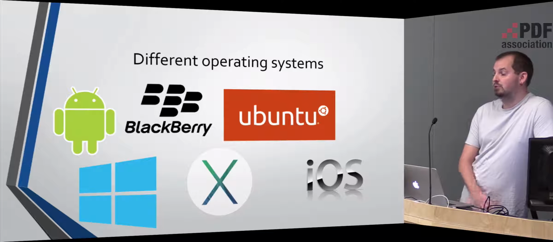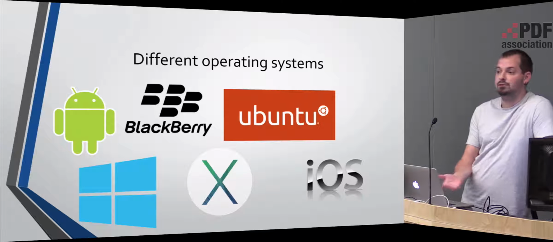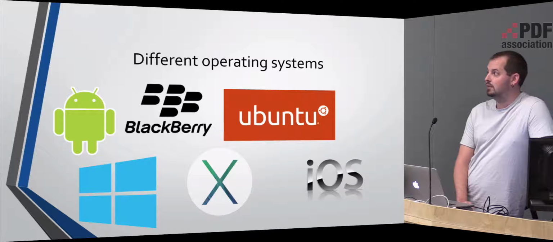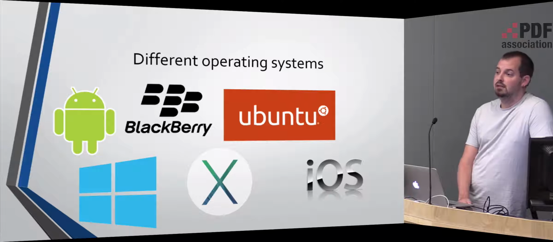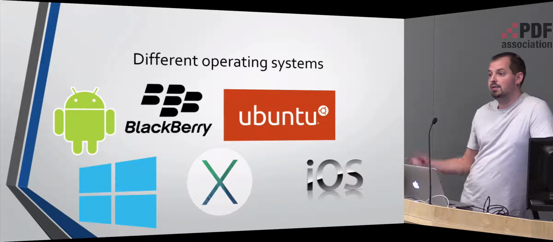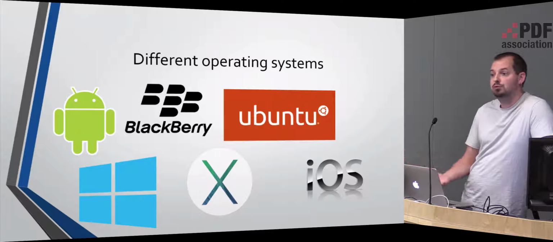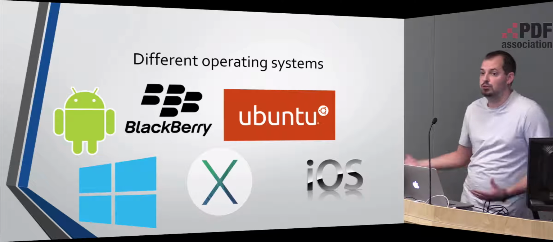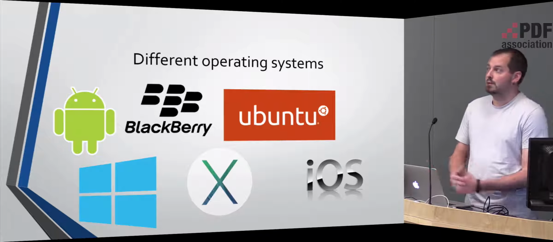Every new version of Windows or OS X or iOS, BlackBerry, even though they're falling down around us, and Android is another place. All of these places have to catch up where they haven't had users looking to work with PDFs, but are now moving towards that direction because that's where users are moving. All of these things get in the way.